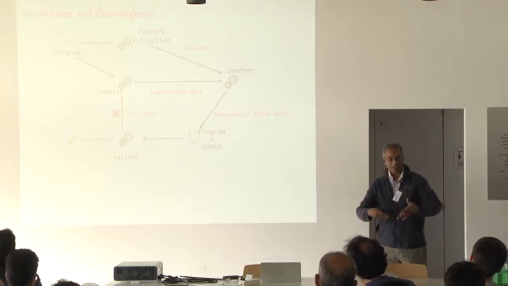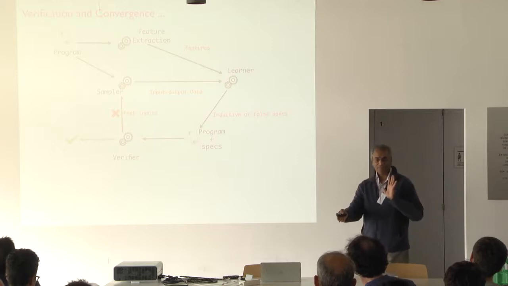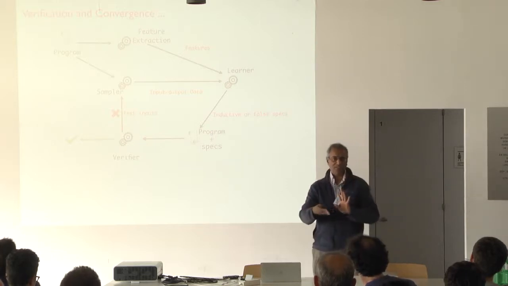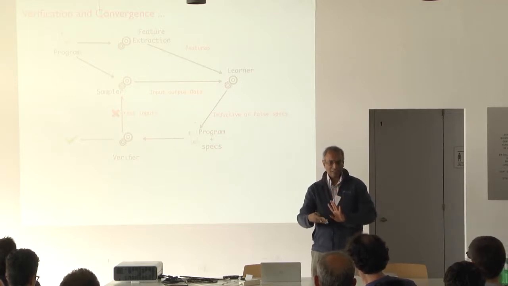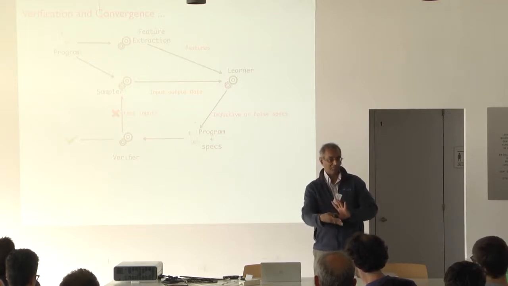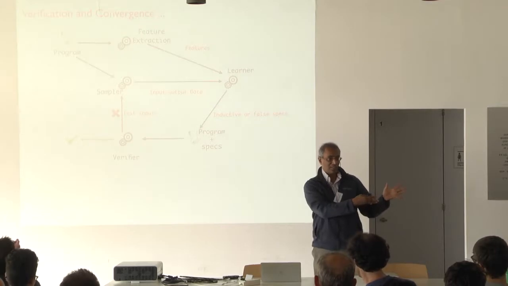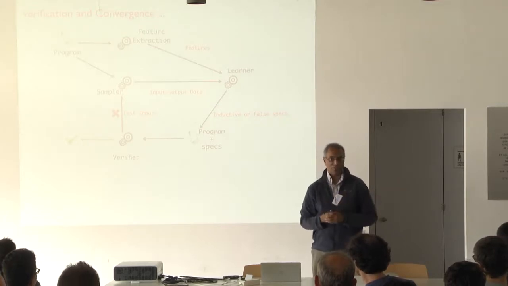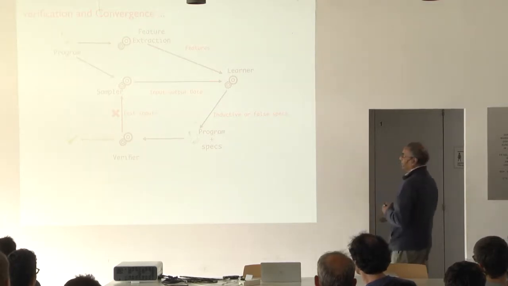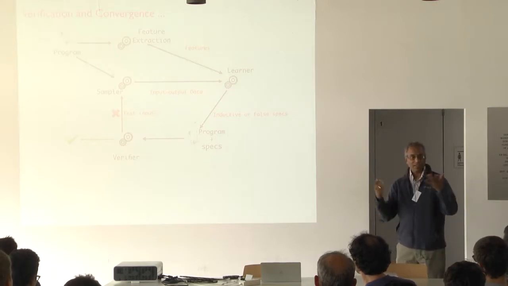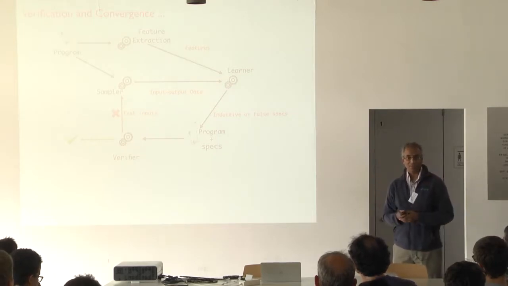If it's not able to discover a specification that's satisfiable, then we can claim that our hypothesis space is simply insufficient to satisfy the requirements that we need. And we just rinse and repeat.